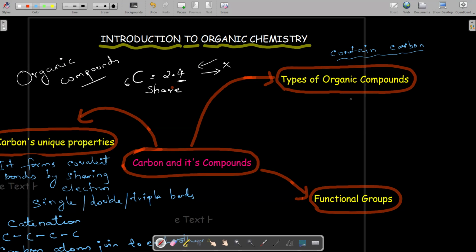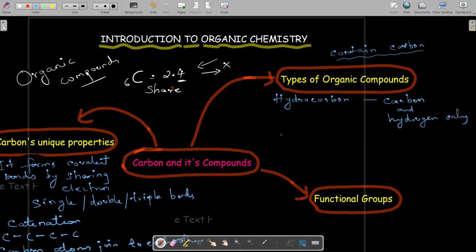Now, the simplest of organic compounds are hydrocarbons. These hydrocarbons are compounds that contain carbon and hydrogen only.